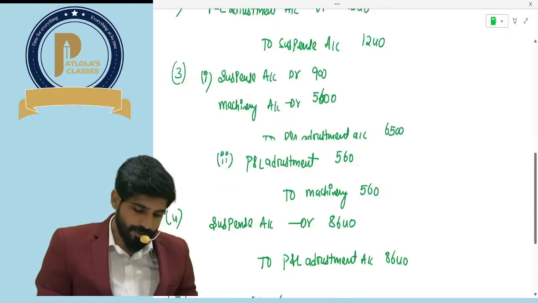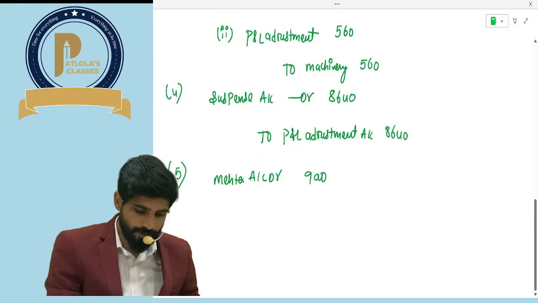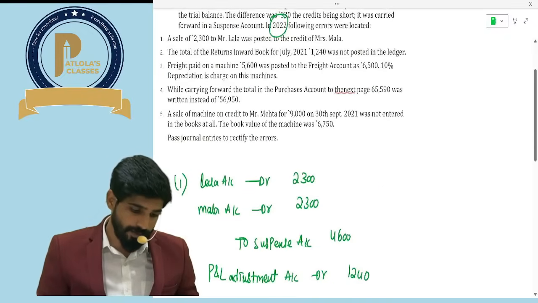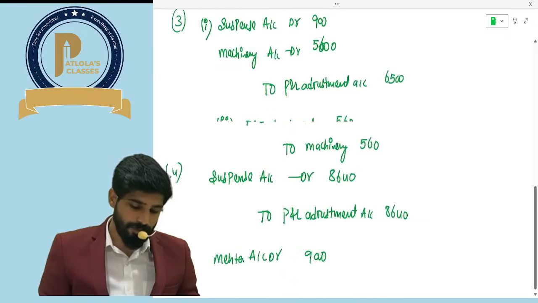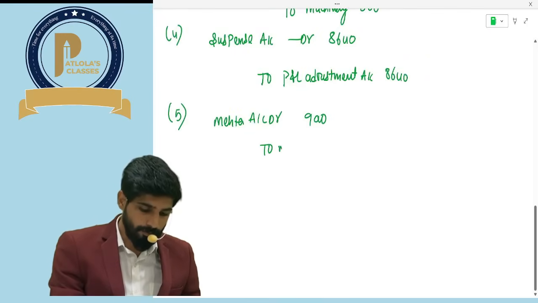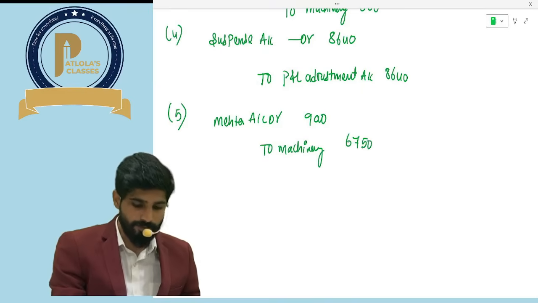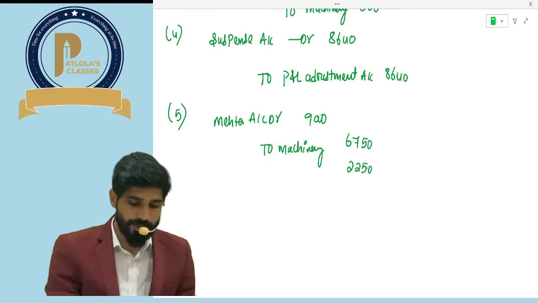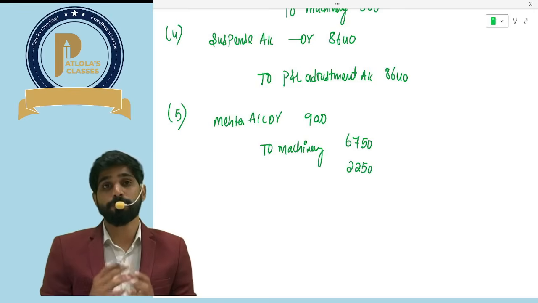For how much you are selling is 9,000. But how much is the value of the asset? That has to be cancelled. What is the value of the asset? 6,750. So to machinery will be 6,750, and balance whatever amount, that is 2,250 is there, that should be credited to profit on sale.